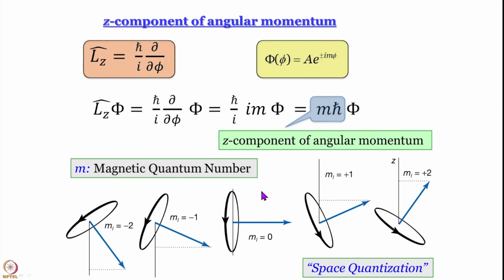Why? Because if you apply a magnetic field or even an electric field along the z axis, then all that matters, the quantity that determines the kind of interaction with this magnetic field along the z direction, is the z component. You have some magnetic moment of the electron, it can point this way or whatever.